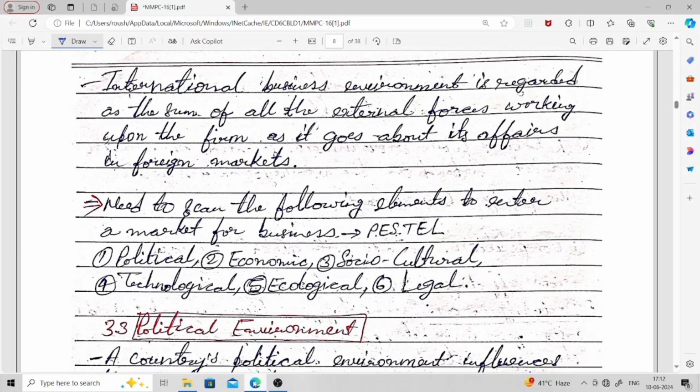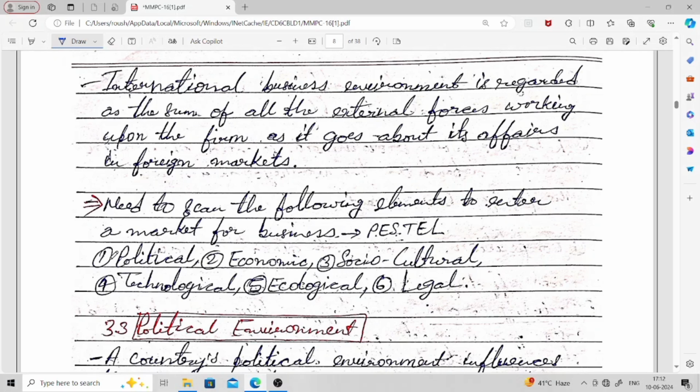So we need to scan the following elements. Whenever any organization or firm goes to the foreign market, there is a need to scan the following elements to enter a market for business. So what are those elements of the international business environment?